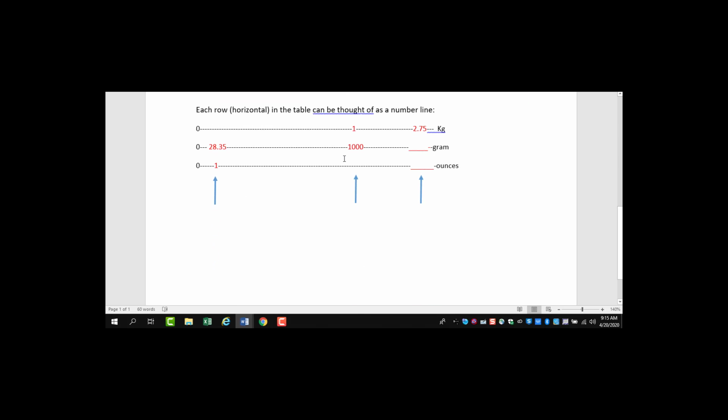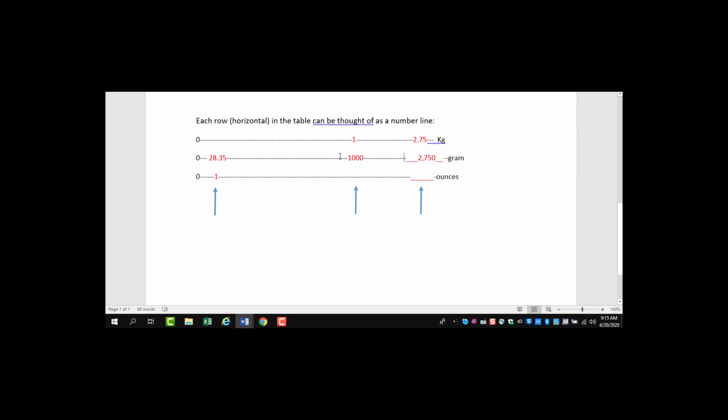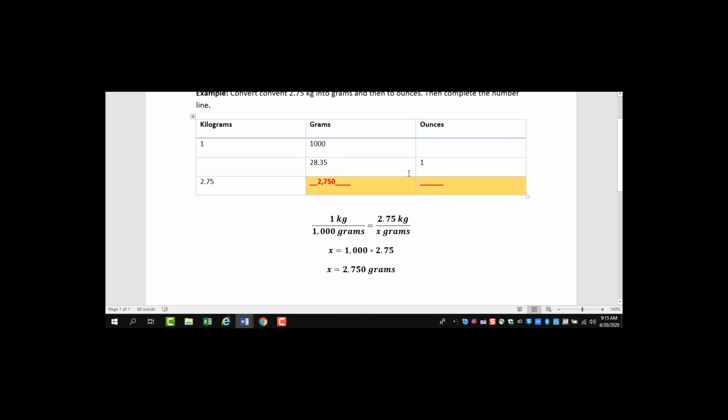Now just going down to our number line here, we get that. These are vertically lined up, meaning they're equivalent. Okay, so here's the last one I need to do.